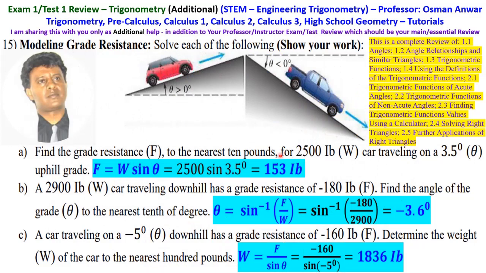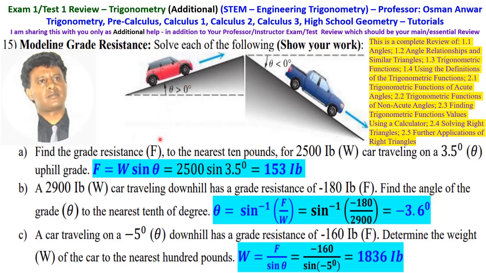Number 15 is model grade resistance. Solve each of the following. So find the grade resistance F to the nearest 10 pound for a 2,500 pound car traveling on a 3.5 degree uphill.